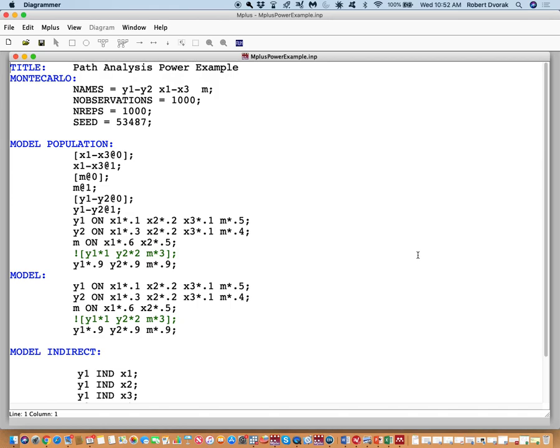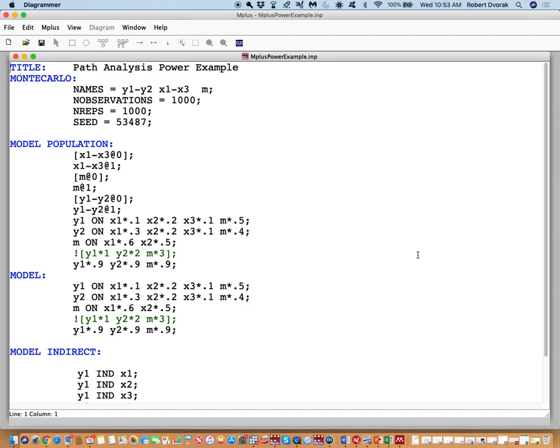But the problem is, you'd also have to do one for this piece and one for this piece, right? And then you've got to figure out a way to logically examine this relationship through here, having done multiple different power analyses already, right?